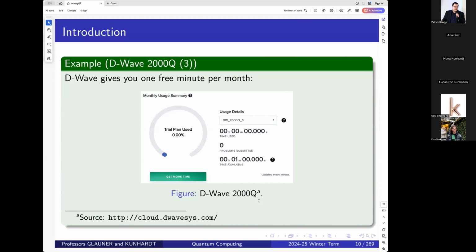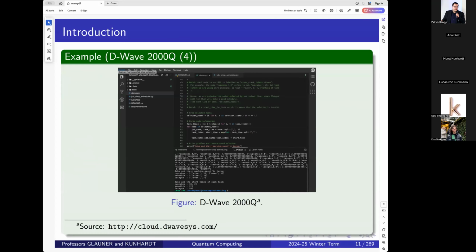You can, however, also access some of the machines that D-Wave runs themselves at their office or at their data center. You can get an account with D-Wave and you get 1 free minute per month where you can run your computations. You can also buy more time if you wish.